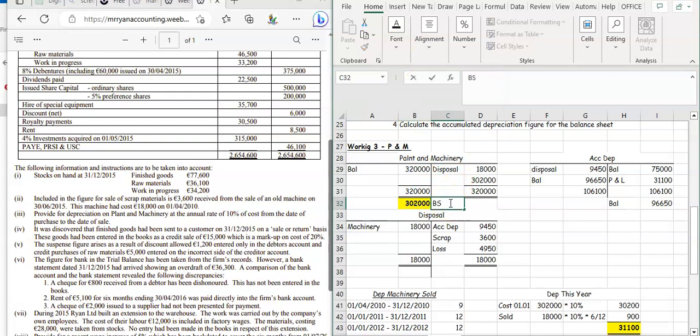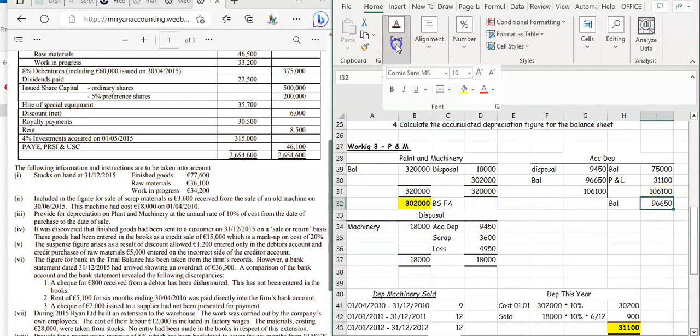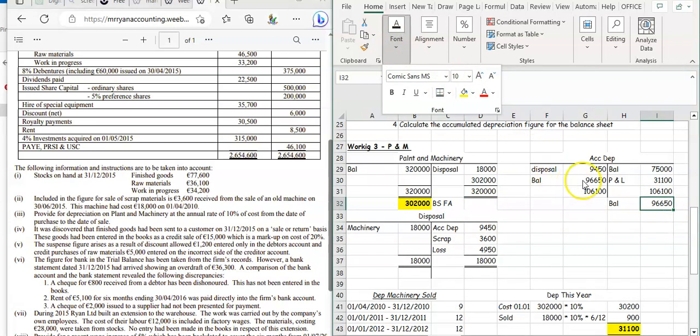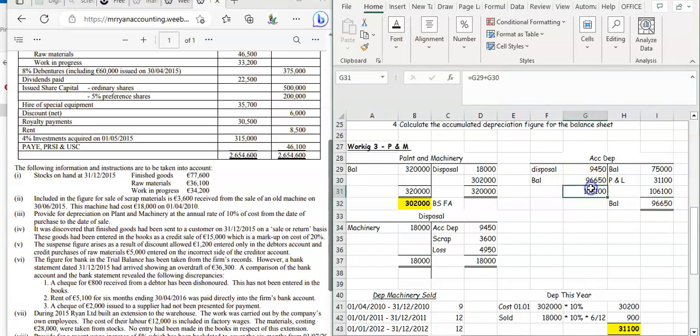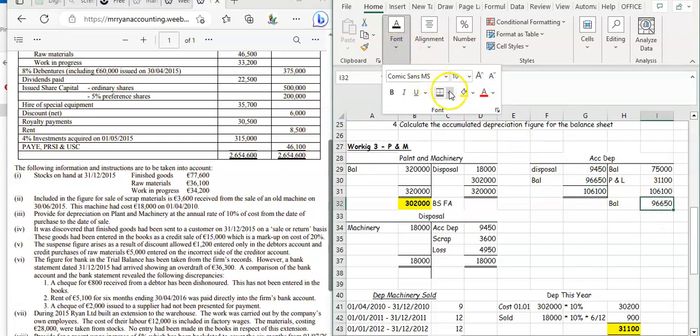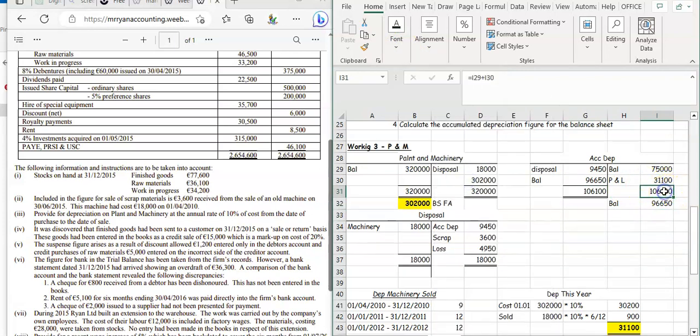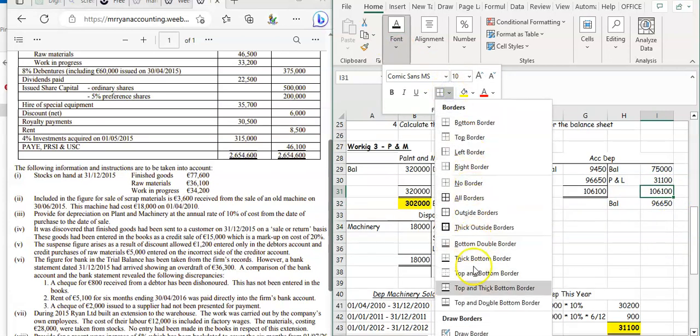Then we have to calculate the accumulated depreciation to go into the accumulated depreciation section of the tangible fixed assets in your balance sheet, and then you need to calculate the total depreciation for this year to go into your manufacturing account.